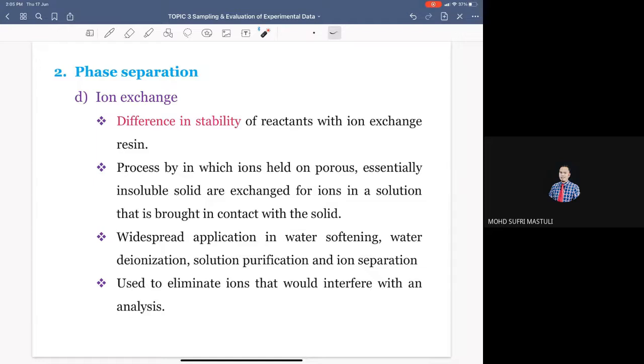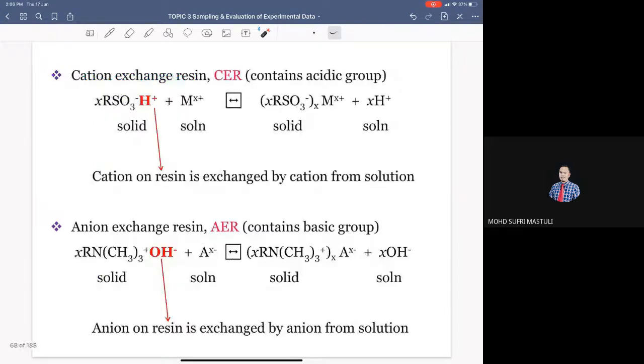If you still remember the deionized water that we learned in topic 2 using the ion exchange technique, solution purification or ion separation, we can eliminate ions that interfere with the analysis process.